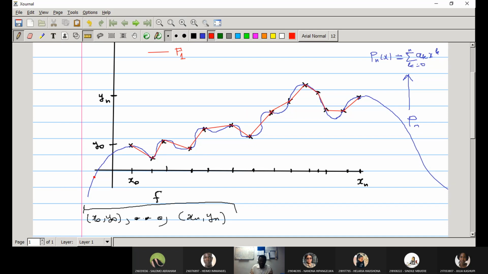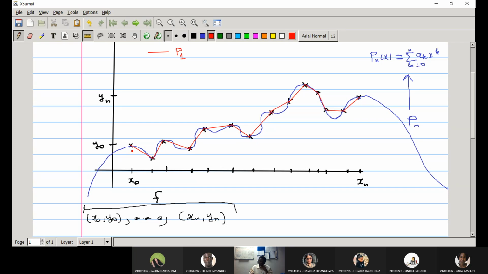But if I take a second degree polynomial, there will be smoothness, because a second degree polynomial will capture curvature, right? And similarly with the third degree. The third degree will capture curvature, but you also capture turning: if you have an inflection point, a third degree polynomial can capture it.